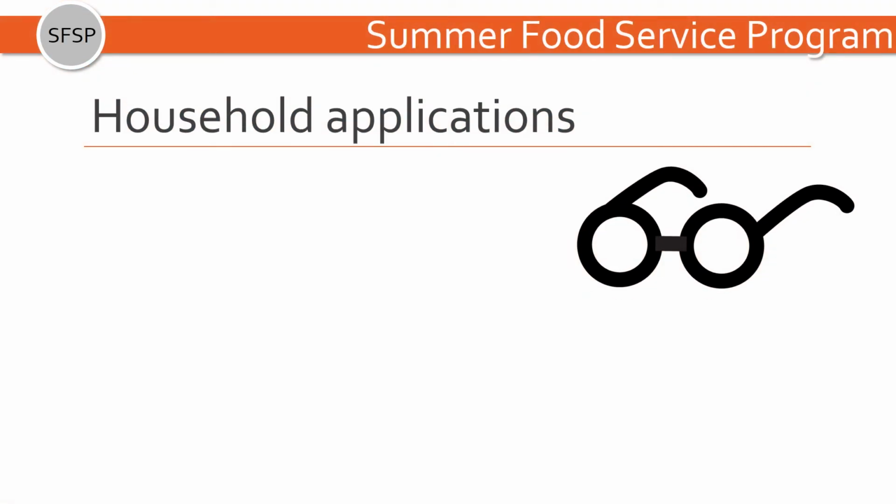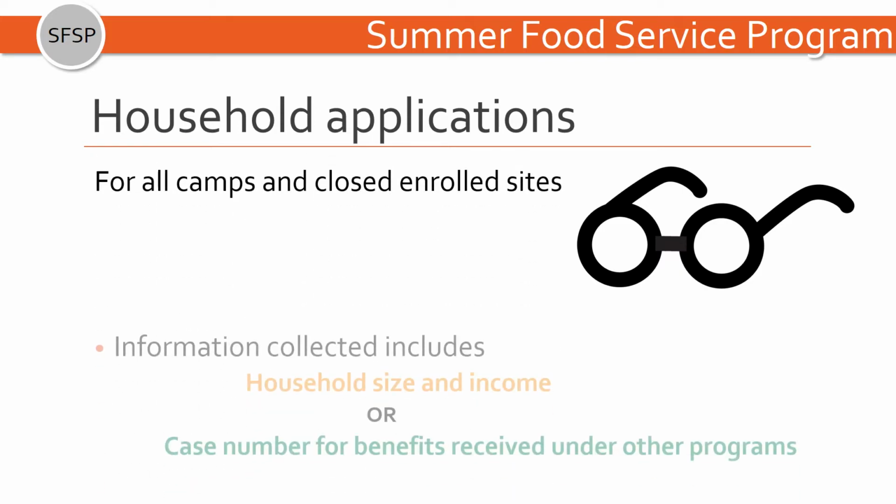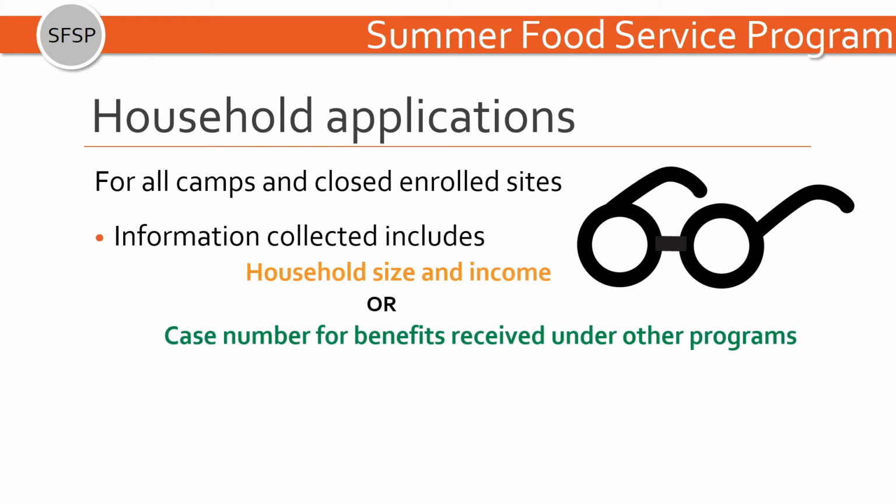The household application is used to determine the income eligibility of enrolled children for all camps and for closed enrolled sites. The information collected on the household application includes household size and income, or the case number for benefits received under another comparable federal assistance program.